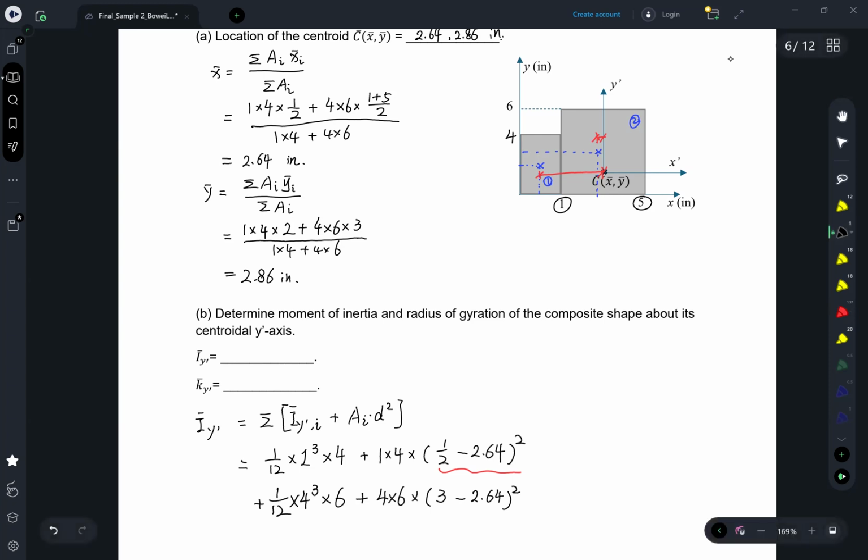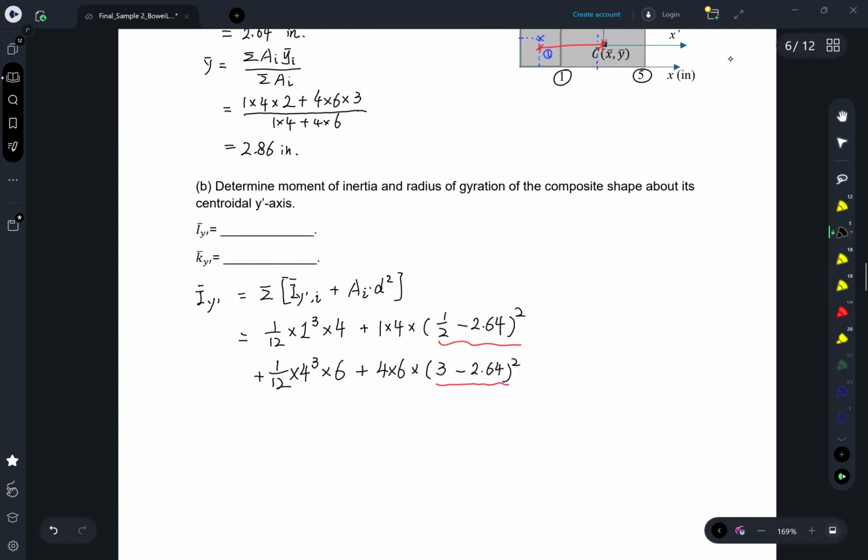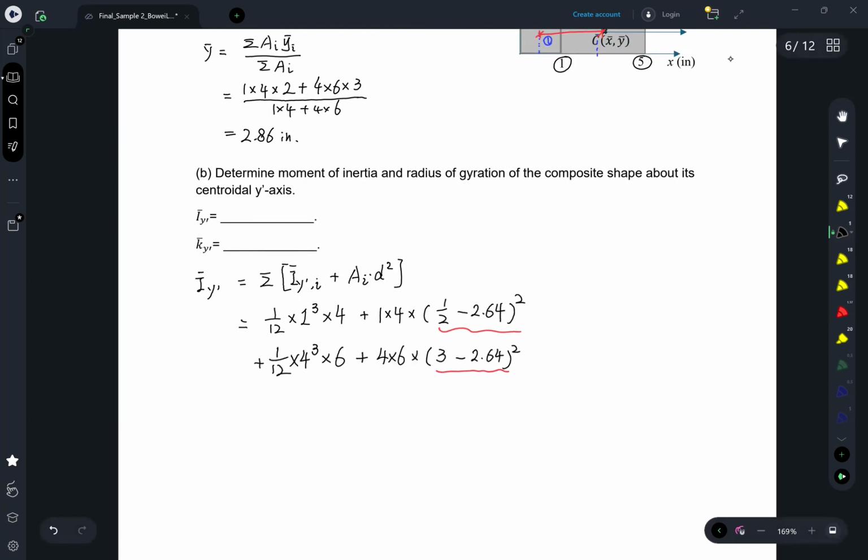So always, for I about the y-axis, the distance is along the x direction. For I about the x-axis, the distance is along the y direction. Now you can go ahead and calculate that.